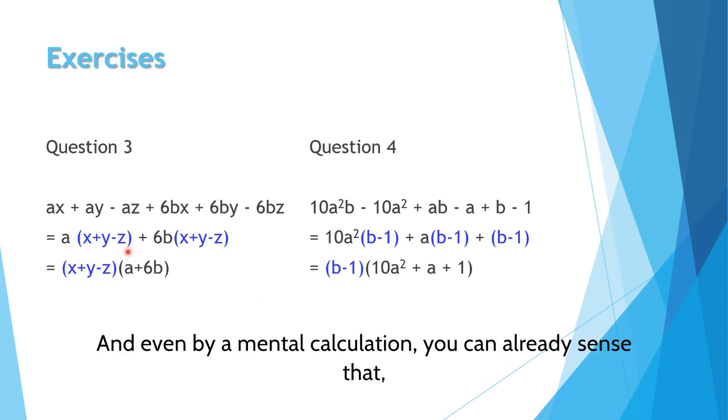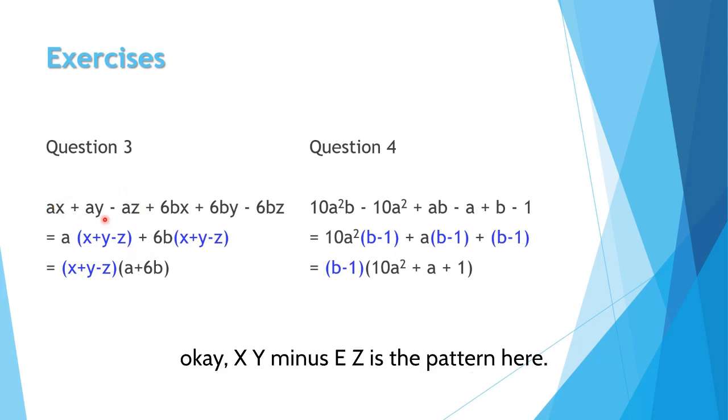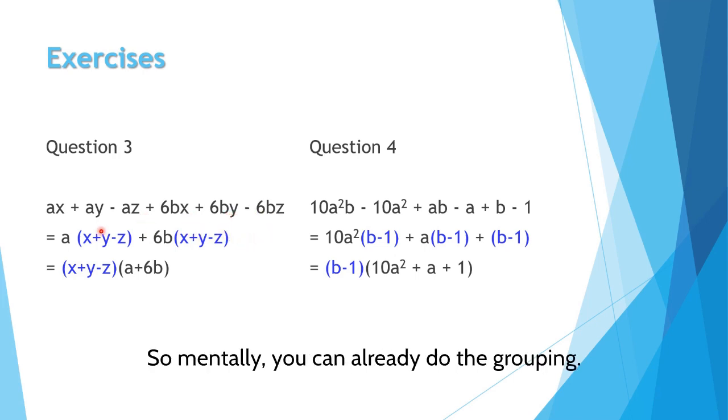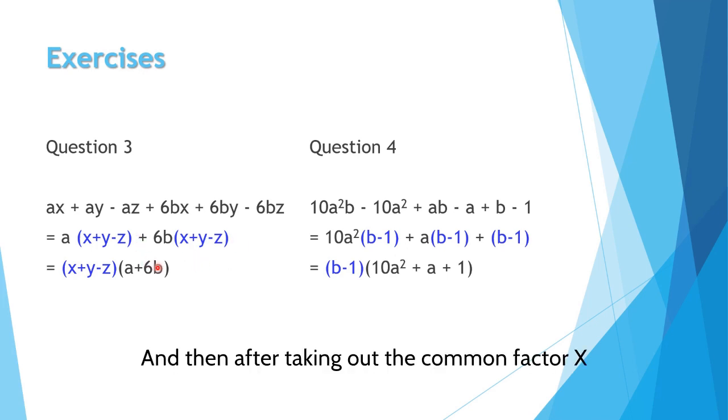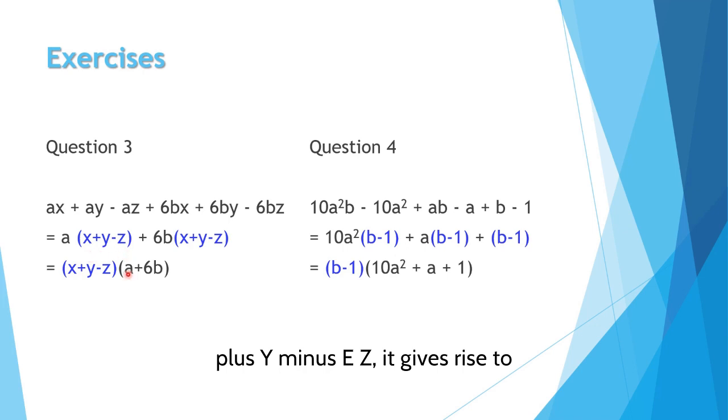And even by mental calculation, you can already sense that x plus y minus z is the pattern here. Here is also x plus y minus z. So mentally, you can already do the grouping. And then after taking out the common factor, x plus y minus z, it gives rise to another bracket of a plus 6b. So this should be the final answer.